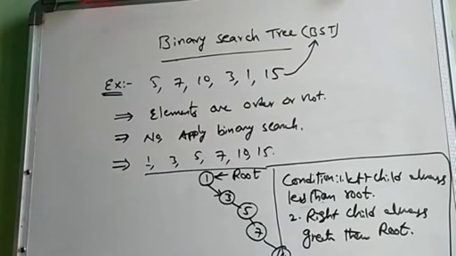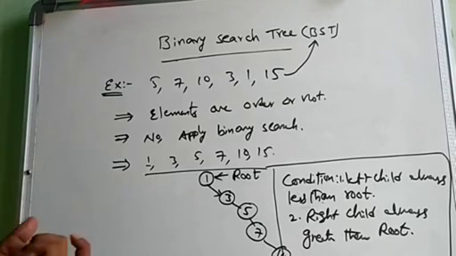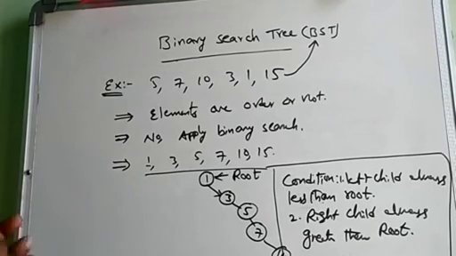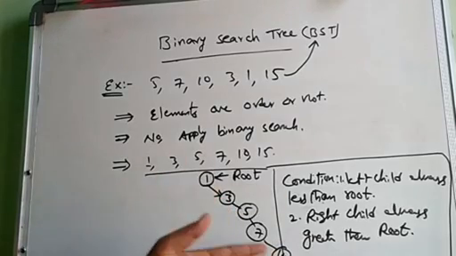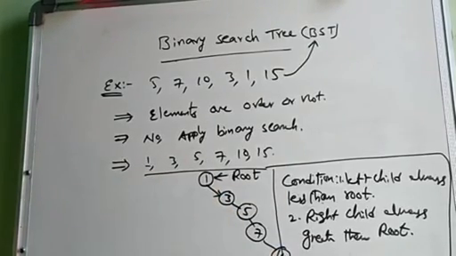Next class we will discuss in detail the operations of binary search tree: how to insert an element, where the element is placed in the binary tree, and if an element is deleted, how the elements are rearranged while still satisfying the conditions of the binary search tree.